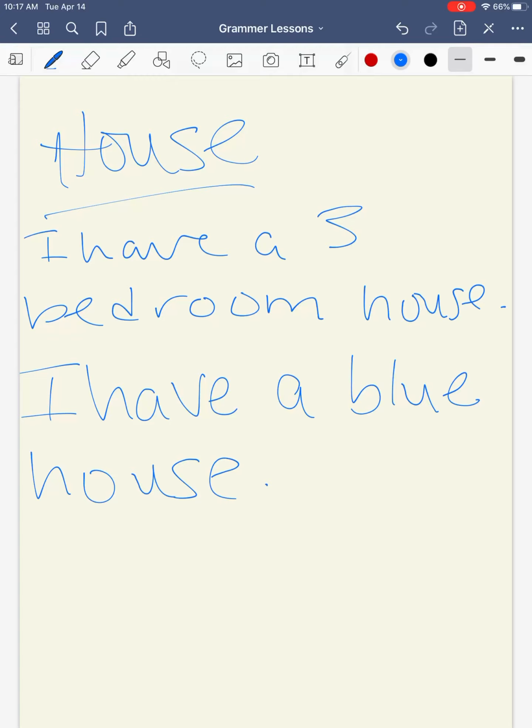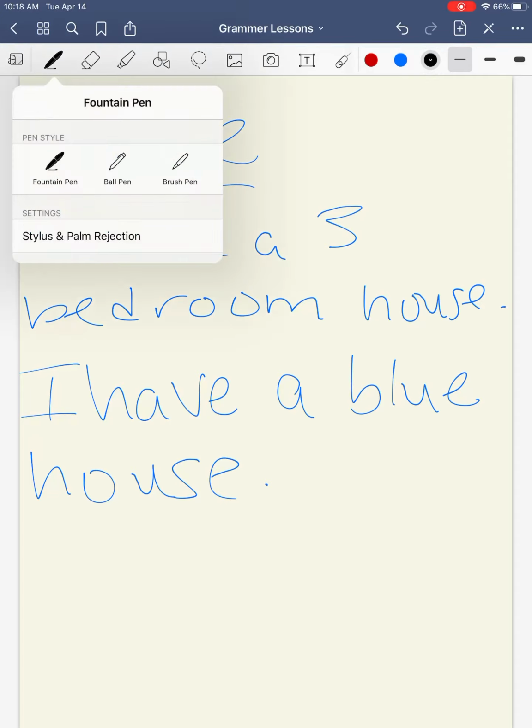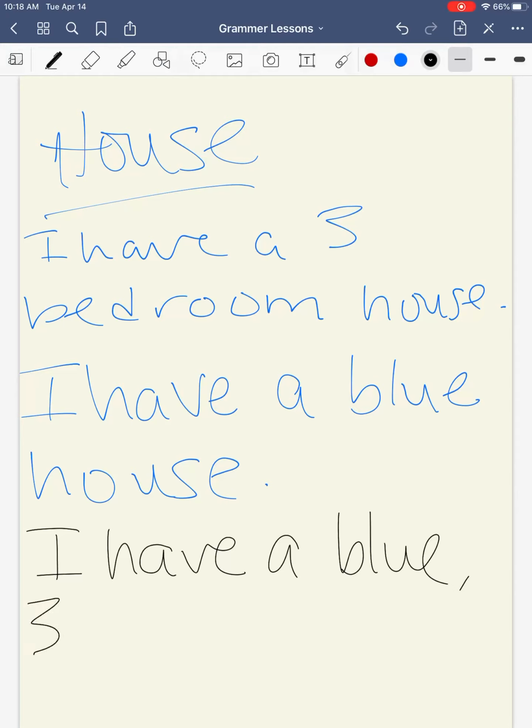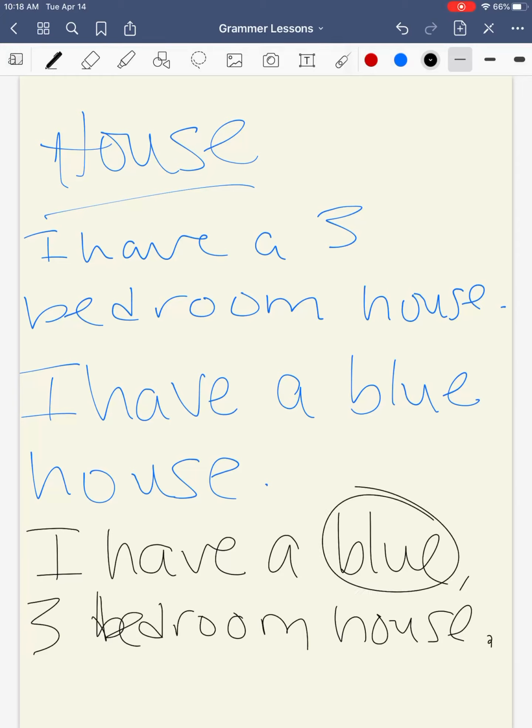I could also have more than one adjective in my sentence. I could say I have a blue 3-bedroom house. I have all my adjectives in there.